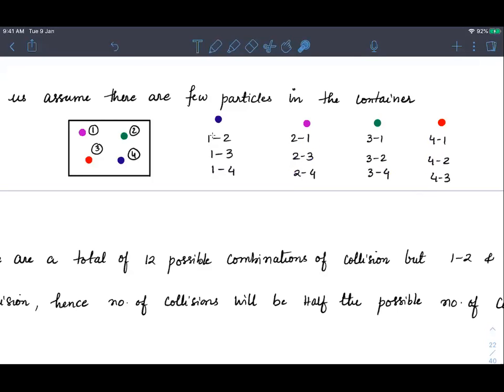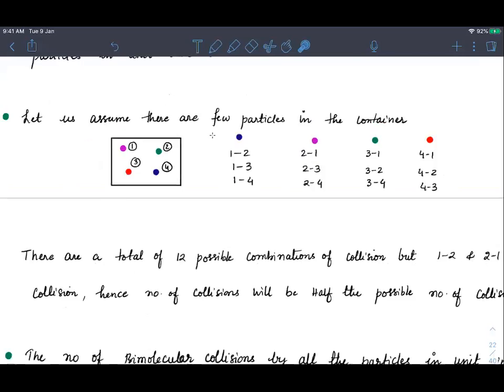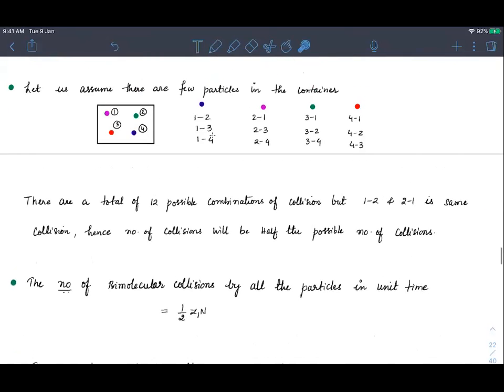But can you notice that the 1, 2 collision and the 2, 1 collision are the same? 1 goes and collides with 2, 2 goes and collides with 1, that is the same collision. Those collisions are being replicated. So if you count the total number of collisions here, there are total 12 collisions. But out of 12, 6 are common. Which means if you have n collisions counted, then n by 2 are the actual collisions.